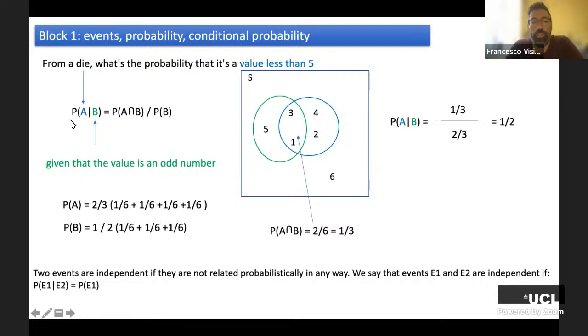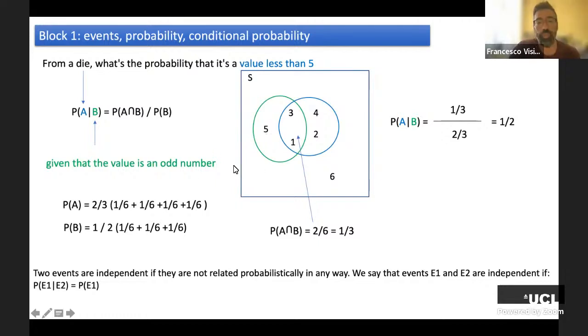Here we have a conditional probability to obtain the set A, given that the value is an odd number, indicated by the letter B. The probability of A is 2 over 3, because it is given by a value less than 5, and we have four numbers: 1, 2, 3, and 4. In the figure it is the blue circle. The probability of B is 1/2, and the value is an odd number, so we have the numbers 1, 3, and 5.